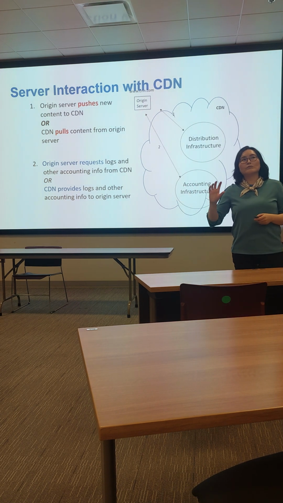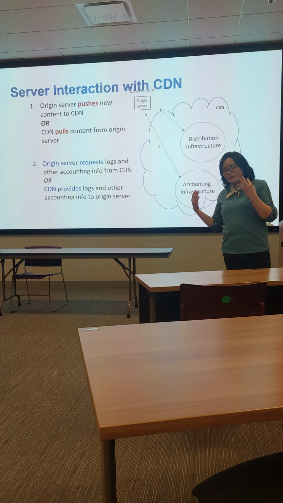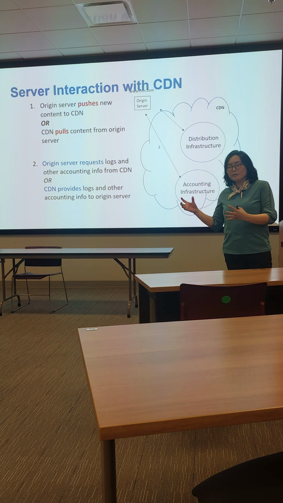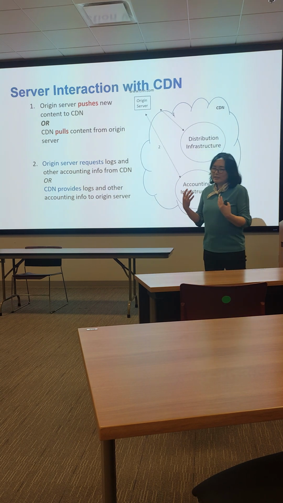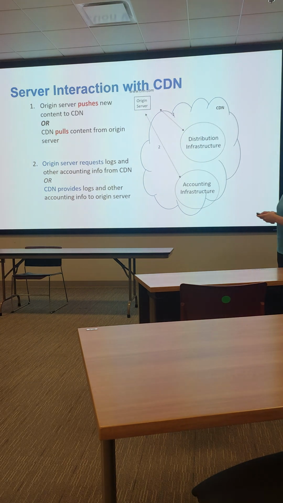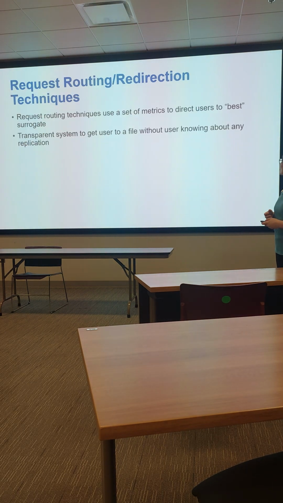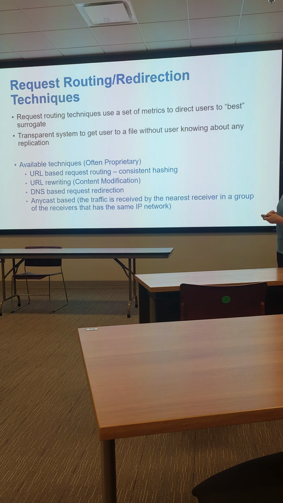Some of the content will be pulled by servers, triggered by a user, and eventually pulled by other surrogate servers. The trade-off between push and pull is something that CDN has to manage. URL-based request rewriting and DNS redirection are the main things.